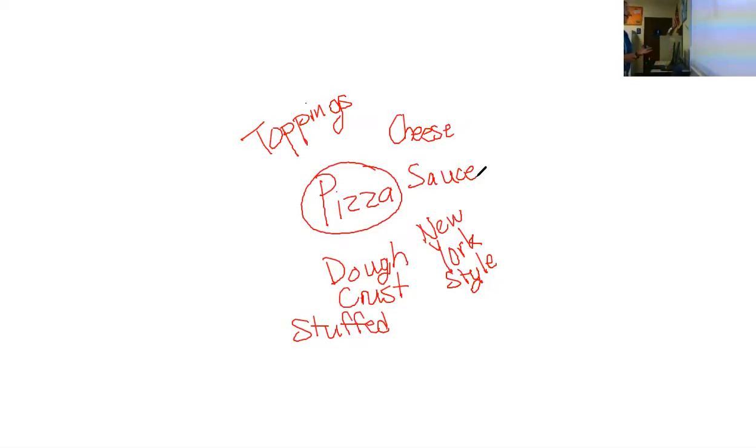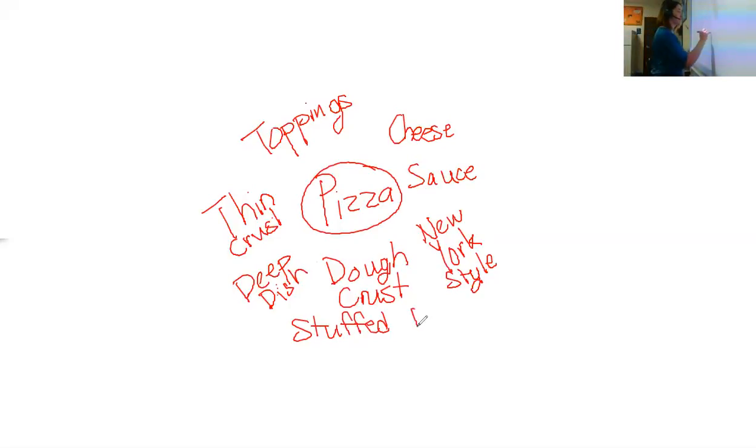Another thing I know about pizza, I was talking about crust earlier. I really, really like thin crust pizza. That's my absolute favorite. Thin crust. I know you can also get deep dish. So I've just jotted down everything I know that helps me understand pizza. Oh, I know that it's baked.